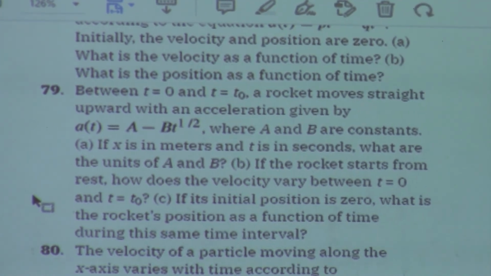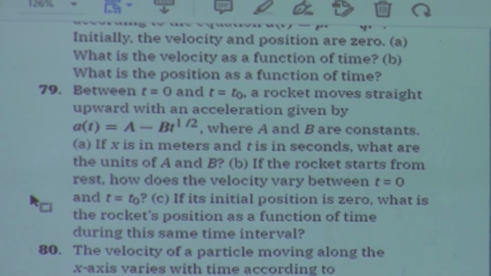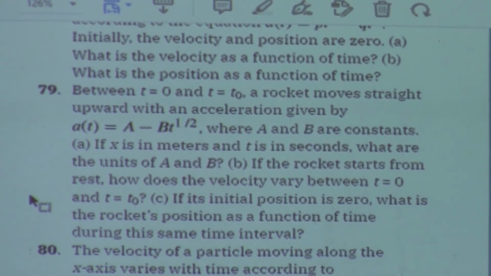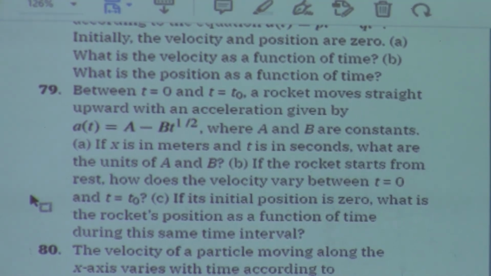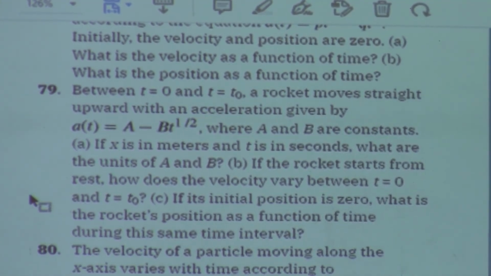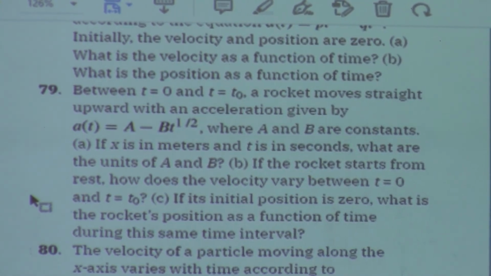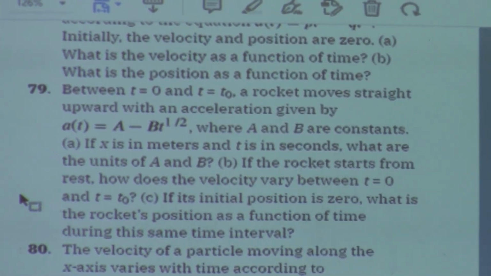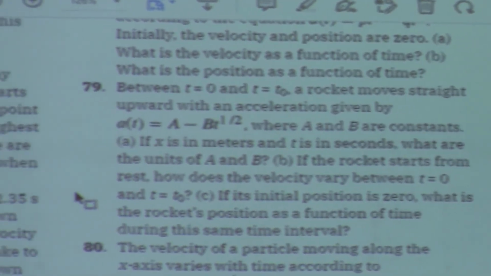Is this a constant acceleration problem? Yeah, good. You guys are shaking your head no. Absolutely not. How do I know that? Right. I have a function. It changes with time. That's what a function does. So if you put in time equals 0, the acceleration would be a. But then if you put in a time of, say, 1, 1 raised to 1/2 power is 1, your acceleration would be a minus b.